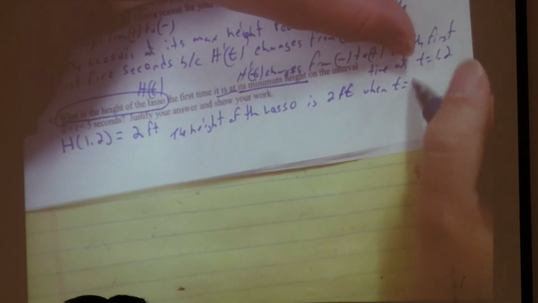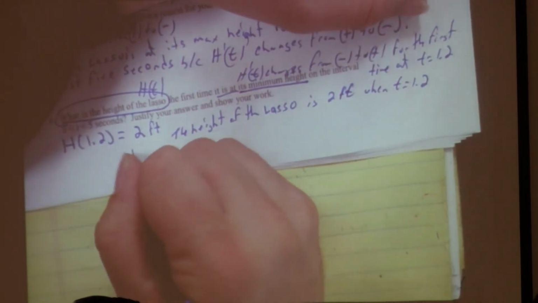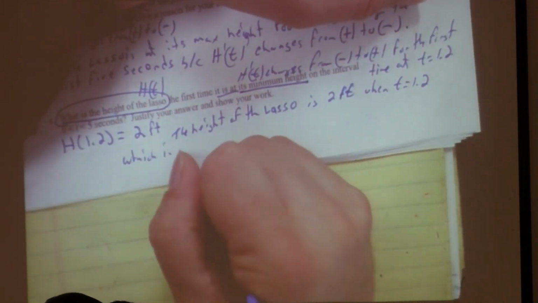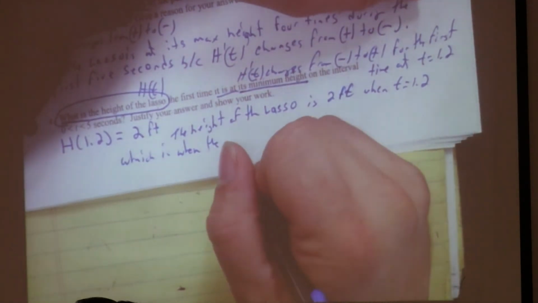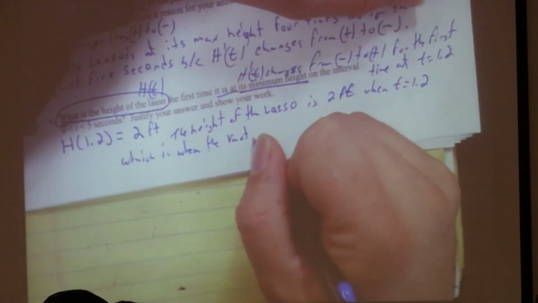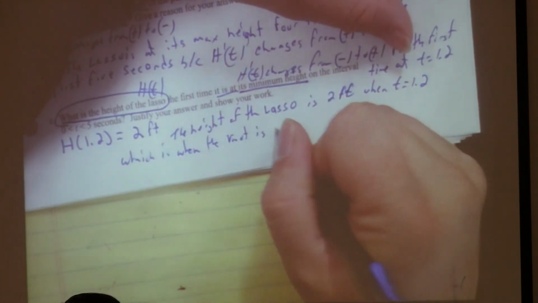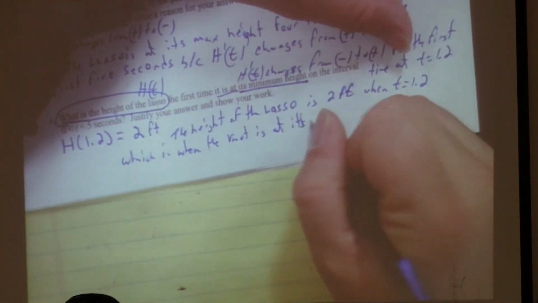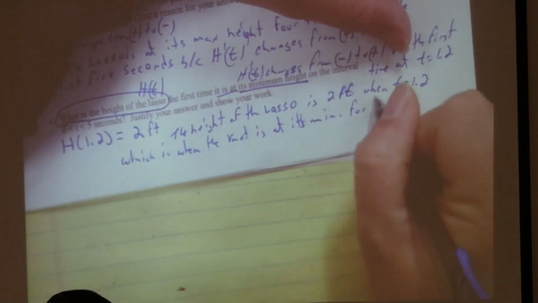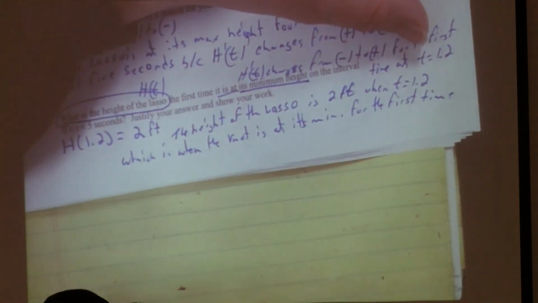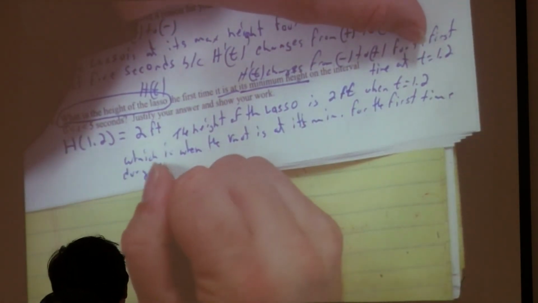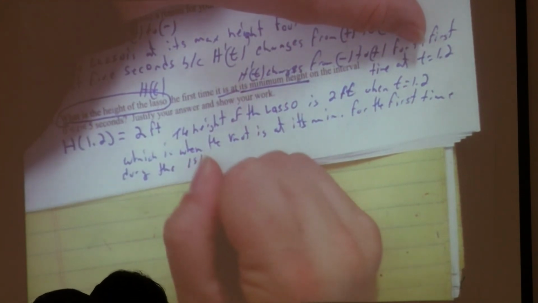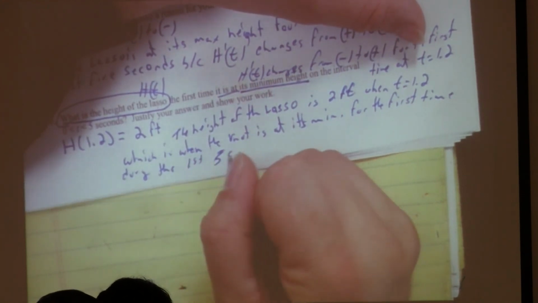When t equals 1.2, which is when the knot is at its minimum for the first time during the first 5 seconds?